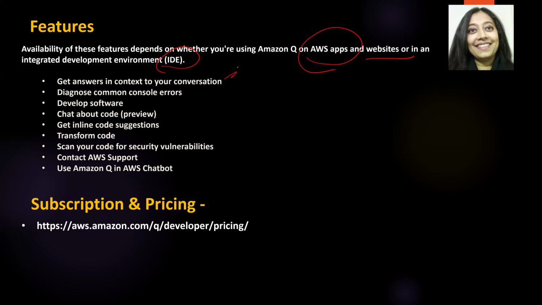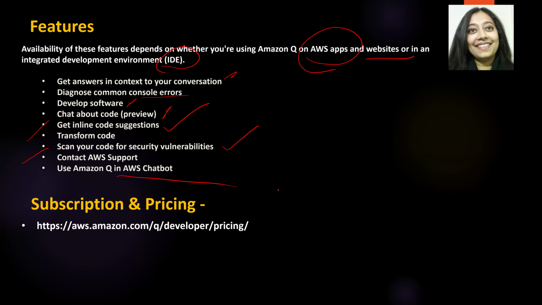This is available both from your IDE and from your console. You can diagnose common console errors. You can develop software. You can chat about code. This is, of course, in preview right now. You can get inline code suggestions, transform your code, scan your code for security vulnerabilities. You can contact AWS support, and you can use Amazon Q in AWS chatbot.